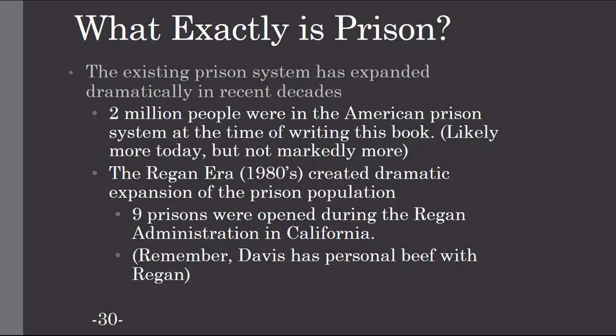And also during Reagan's administration in California, 9 prisons were open. That's not just anti-Reagan. That is a tendency of politics of that era, right? We studied this earlier in the course. It's not just Reagan. It's not just Republicans. Democrats were doing this as well.